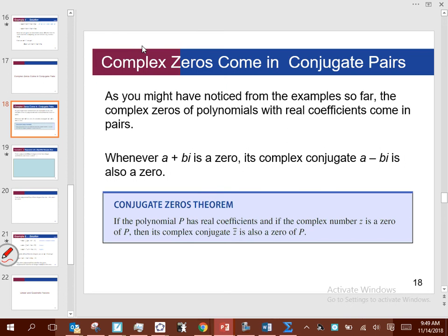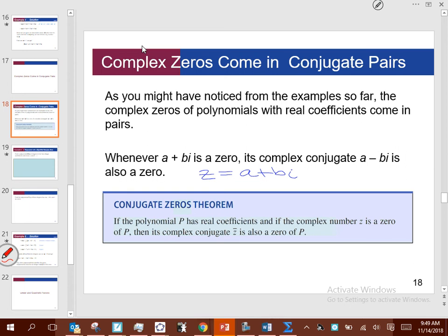Because they've introduced complex number D. But if D is being defined as A plus Bi, that makes sense? Then its conjugate is A minus Bi. So we want to make sure that we understand that's the way we define our conjugates.